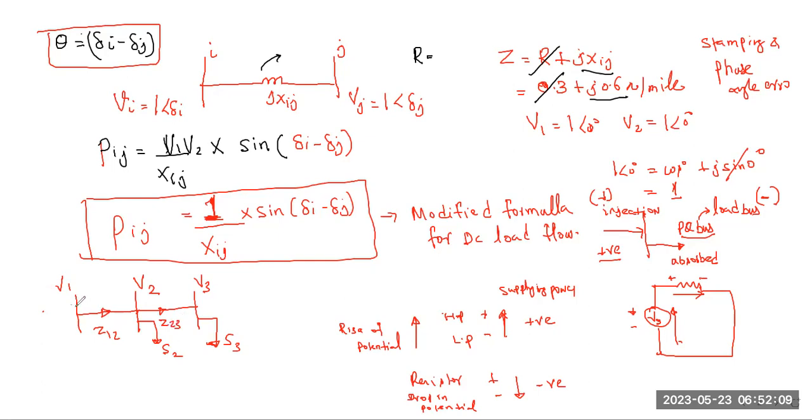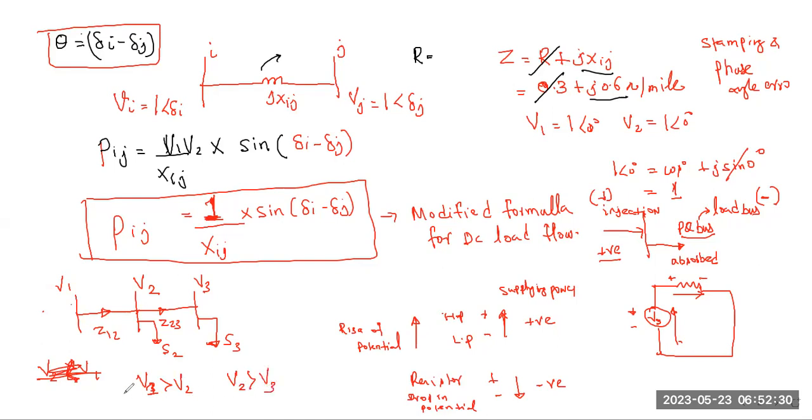Here you always remember V2 will always be lesser than V1. Similarly, V3 should be lesser than V2. Or in other terms, V1 is always greater than V2, and V2 will always be greater than V3.